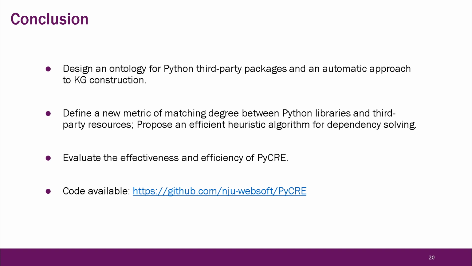Moreover, we consider the compatibility of the inferred Python environments and design an efficient heuristic algorithm for dependency solving. Finally, we evaluate our approach with real-world Python code snippets on Gistable and show the superior effectiveness and efficiency of our approach.